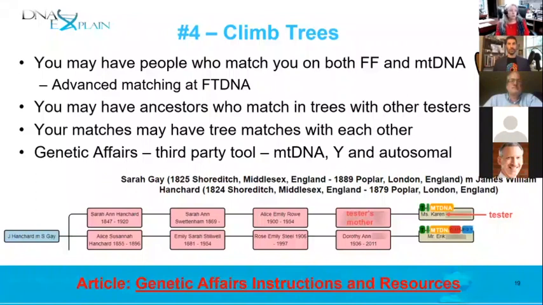You may have ancestors who match in trees with you or match in trees with each other. And Family Tree DNA doesn't have tree matching today, but Genetic Affairs, which is a third-party tool, combines mitochondrial, Y and autosomal DNA and tree matching. So what I did, and this is not mine because I don't have one that's a good example, but this is somebody who said that I could use their example, and they are a mitochondrial DNA match here.